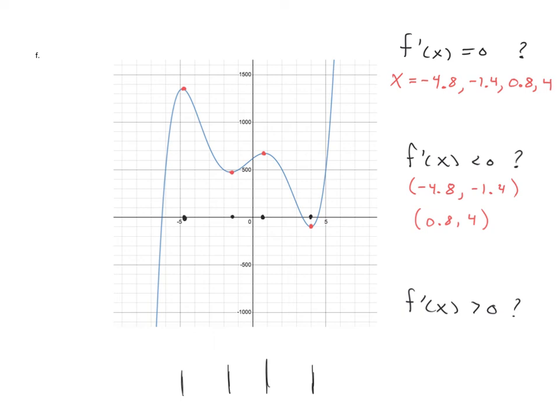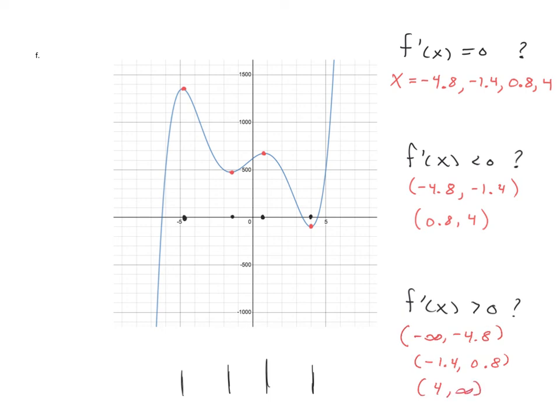Where's it positive? Everywhere else, where the function is increasing. So here, here, and here. Okay, so that's from negative infinity to negative 4.8, as well as from negative 1.4 up to 0.8, and from 4 to infinity.